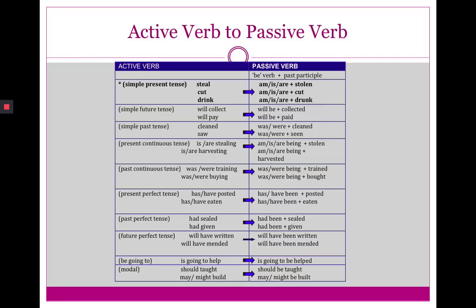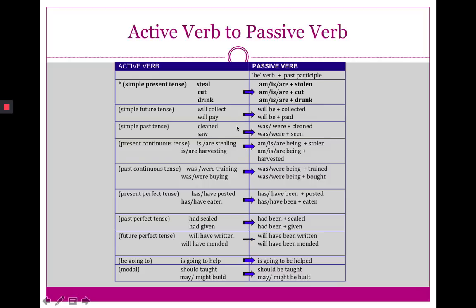Okay, so I showed you a simple present tense sentences. That's why it is are stolen, are cut, are drunk, right? However, there are also many other sentences, simple future tense. So will collect, you have to add the be verb. Like I said, will be collected, will be paid.